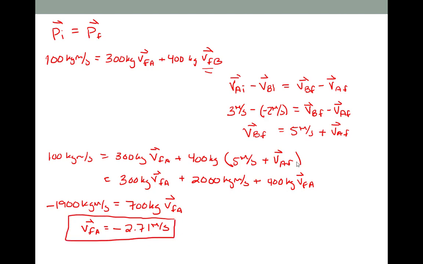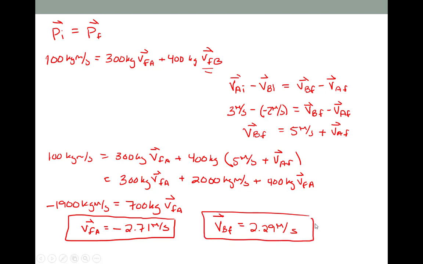I can now take V final A and plug it back in and find that VB final will be 5 minus 2.71, or in other words is 2.29. So we know our final velocities.